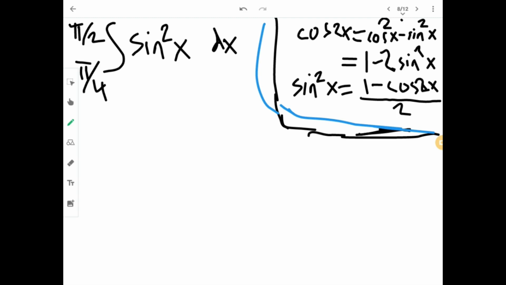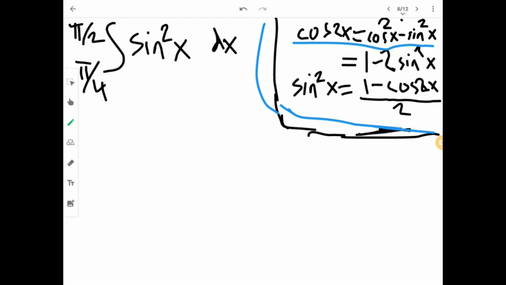So what do you do? You need to figure out a way to get rid of the squared. And then we know, or it won't come to your memory because this is a bit complex, or it's not complex, but it won't just come to anyone's memory unless you have been properly immersed in the subject. So cosine 2x equals cosine squared x minus sine squared x. It's an identity.